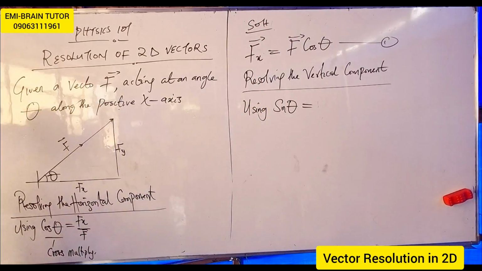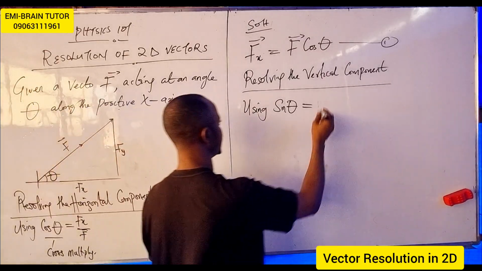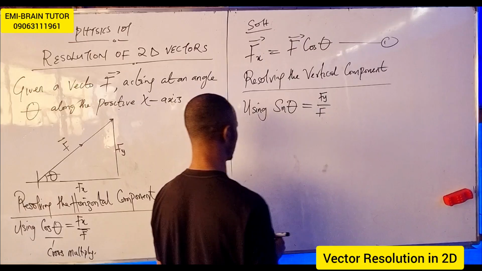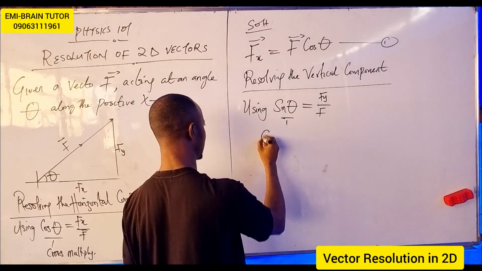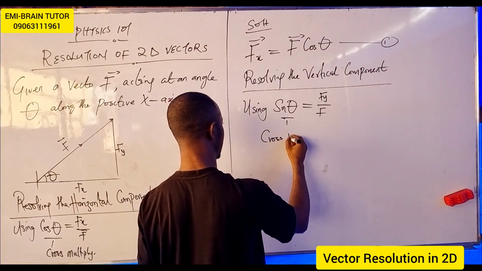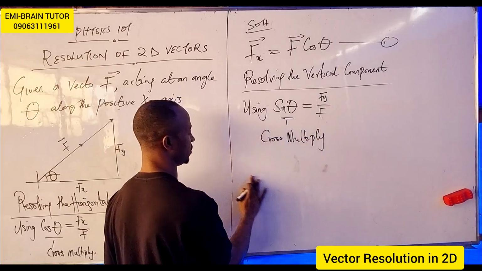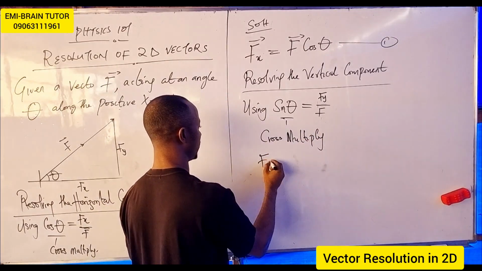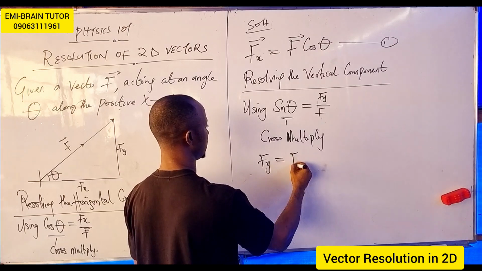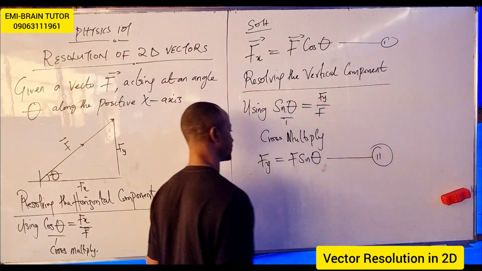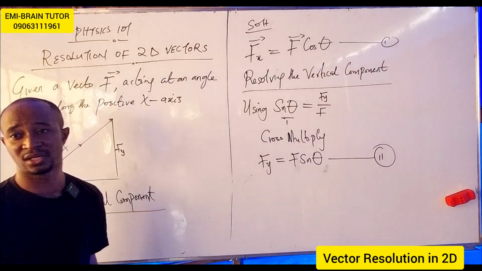The opposite here is Fy and the hypotenuse is F. To find Fy, the same concept: we cross multiply. Fy equals F sine theta. This is equation 2.